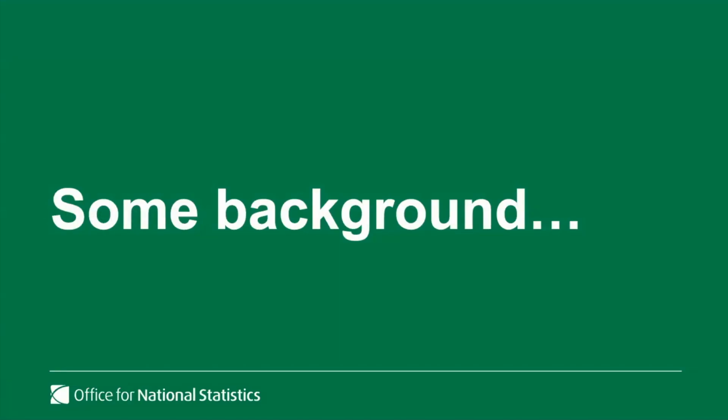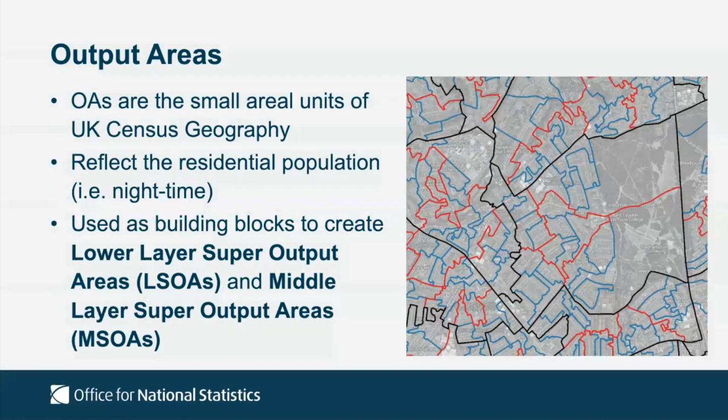So, some background for everyone. In England and Wales, we have output areas as the smallest area of reporting geography predominantly for the census.